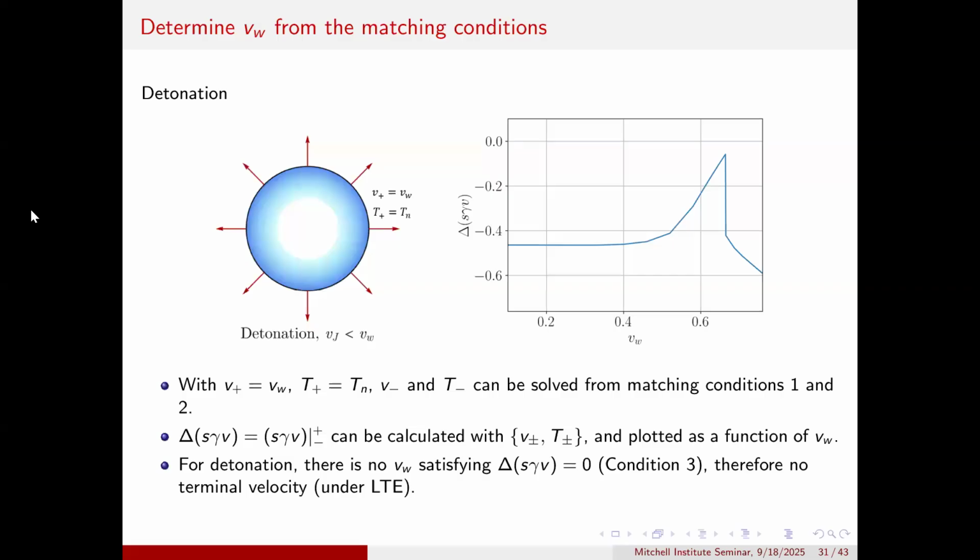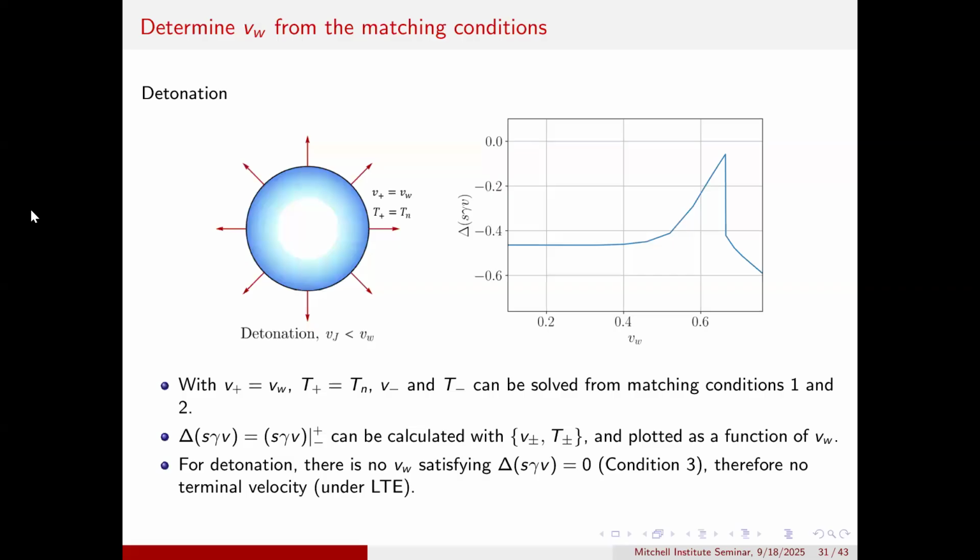Now we get all of these four quantities, and we can calculate the change of entropy across the bubble wall. We can use this to solve for the real VW. For the real VW, we have to have entropy conservation, so delta S has to vanish.